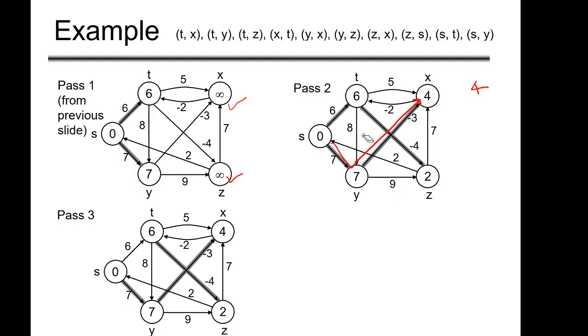But if we go from S to T, that is 6, plus this cycle, it is 5. So it is 11. So 11 is worse than this one, right? So we have already explored this, but we will not change it because we already have the best path right now. Now let's see what happened in pass 3.